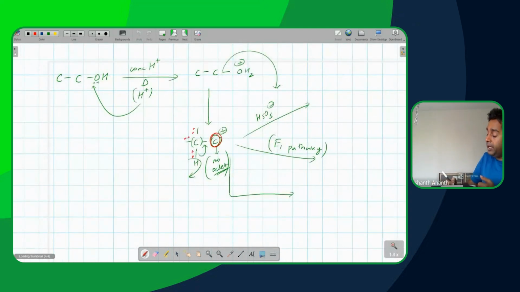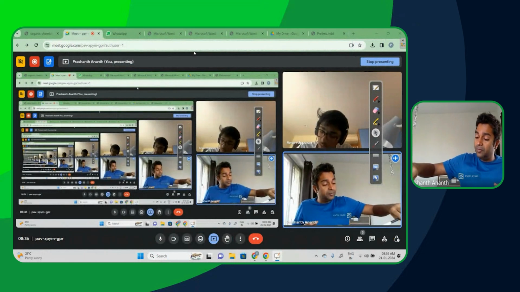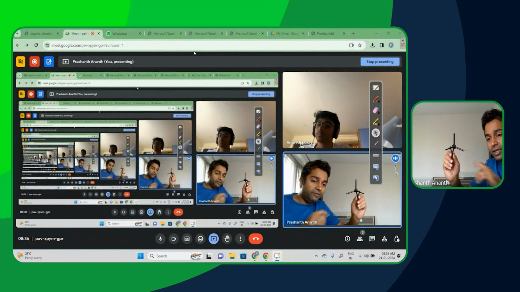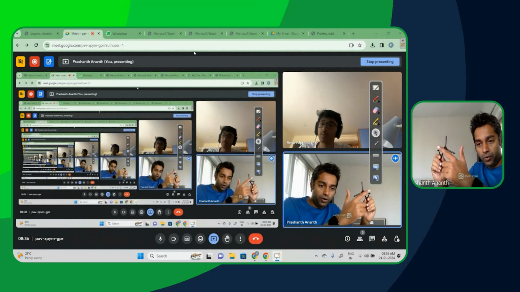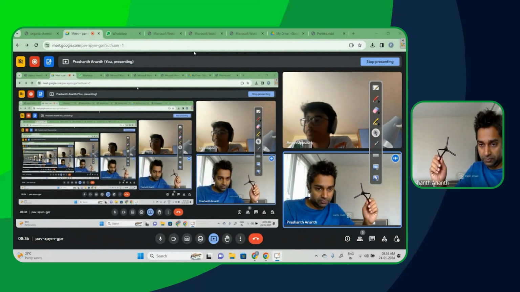Now, why is it like this? The reason is mainly because of what I just explained. When this carbon is pulling a bond over here, it is purely dependent on kQ1Q2 by R squared.